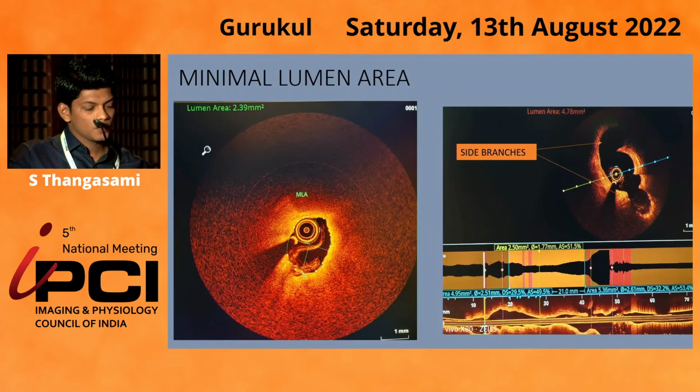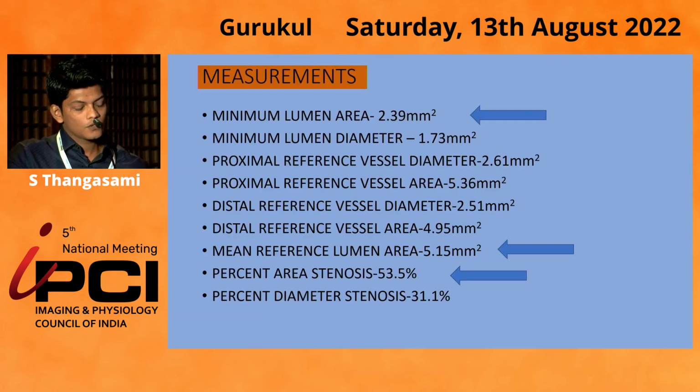When we measured the MLA, it was around 2.39 millimeter square. The minimal lumen area was about 2.39 millimeter square, and the minimal luminal diameter was 1.73 millimeter. The mean reference lumen area was 5.15 millimeter square. So the percent area stenosis was about 53.5%.